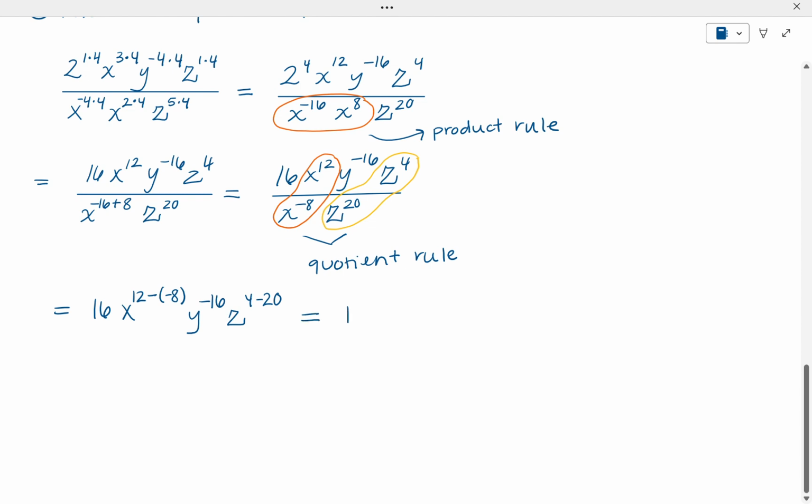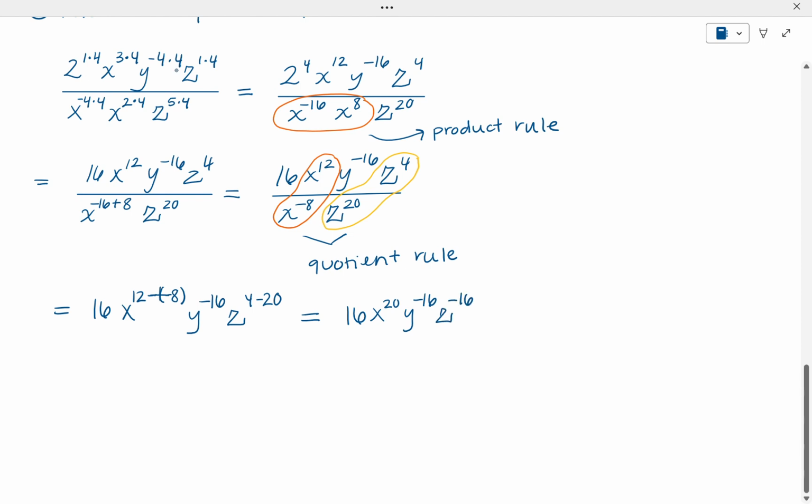And this is equivalent to 16, and this becomes a plus. 12 plus 8 is x to the 20th, y to the negative 16th, and z to the 4 minus 20, which is minus 16.